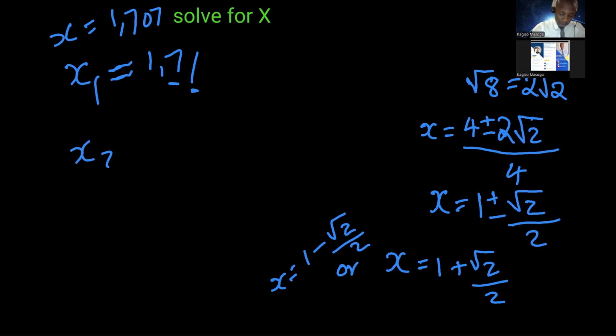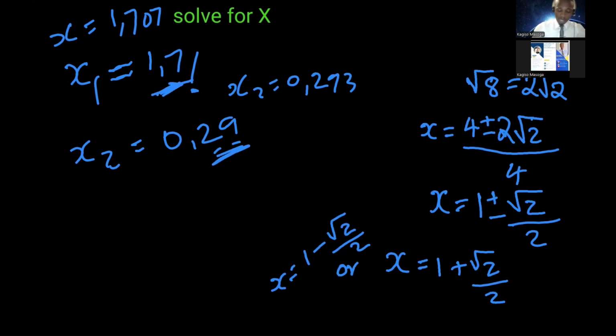The second value of x, I just plug it in my calculator, it's going to be 0.29. It gives you 0.293, but you have to round it off, of course, so you leave it at two decimal places. So these are your two values of x, and that's how you solve.